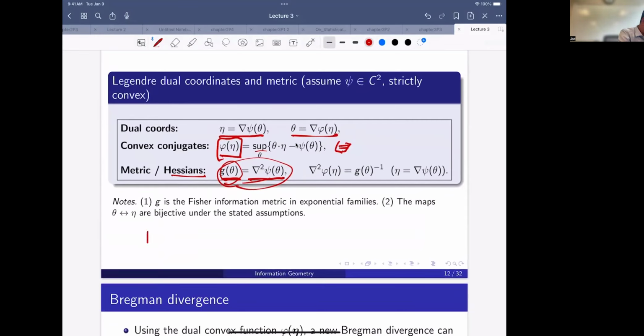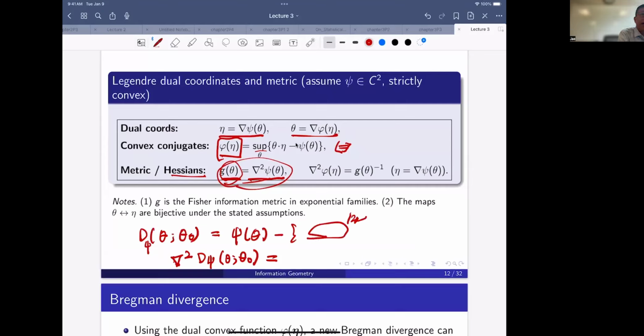So if you view the Bregman divergence of psi, the Hessian of the Bregman divergence is indeed this, because this is just linear in theta.